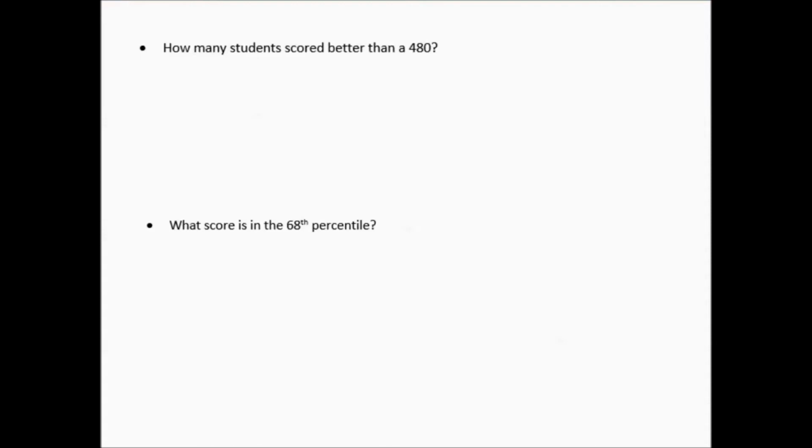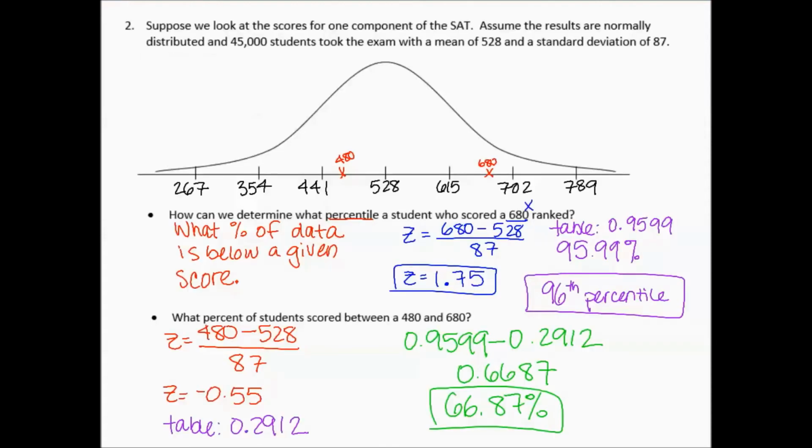If we want to know how many students scored better than a 480, we would need to find the z-score, but we already found that. And we already looked up that value in the table.